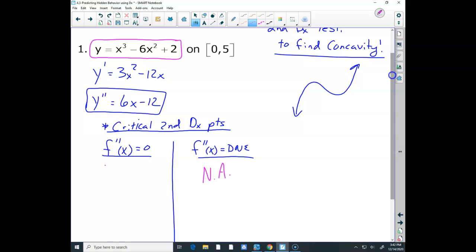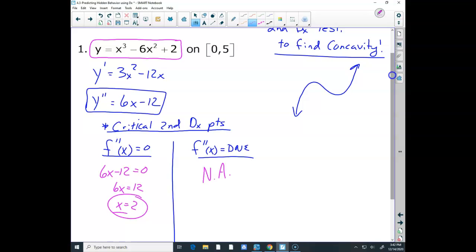So that's just taking the second derivative and setting it equal to 0. Well, that would be when 6x equals 12. So when x equals 2 is a potential point of inflection.